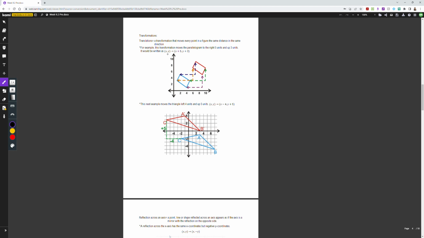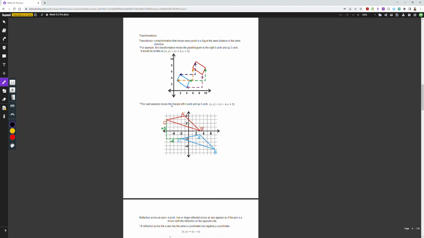When we translate it, we'll write it as (x plus 5, y plus 3). We take the signs as they are. This means we're moving 5 units to the right and 3 units up. This is for coordinate geometry, so for translations in geometry, this is how we would write the translation formula.